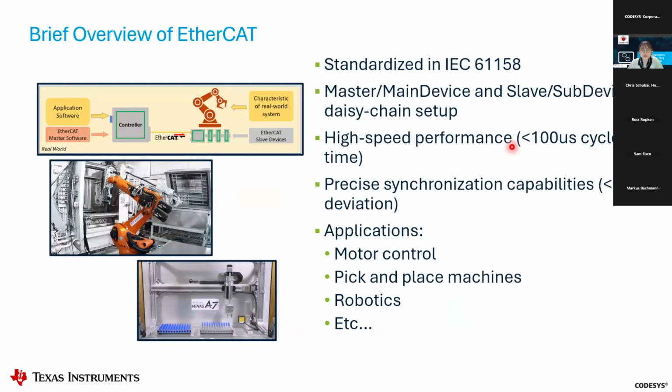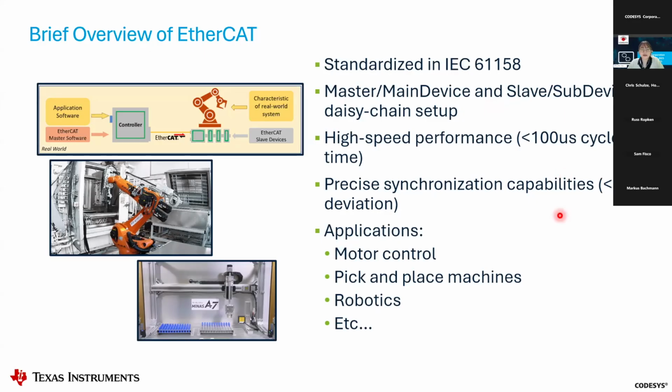So I know most of the audience is probably already very familiar with EtherCAT, so I'm going to keep this slide quick. Basically, EtherCAT uses a master or main device setup where it controls a series of slaves or sub-devices that are typically configured in a daisy chain setup.